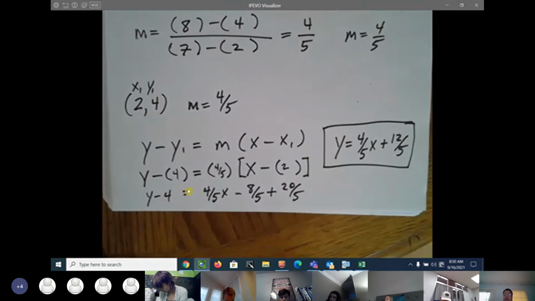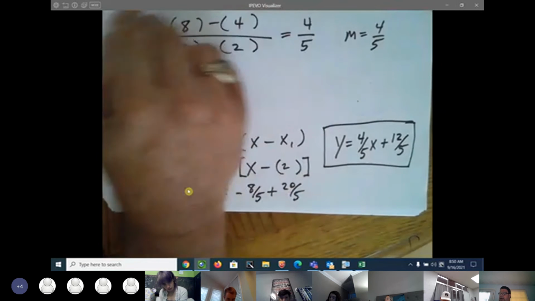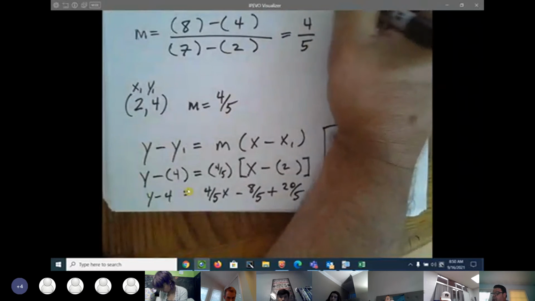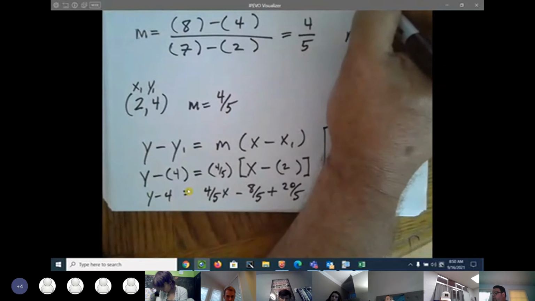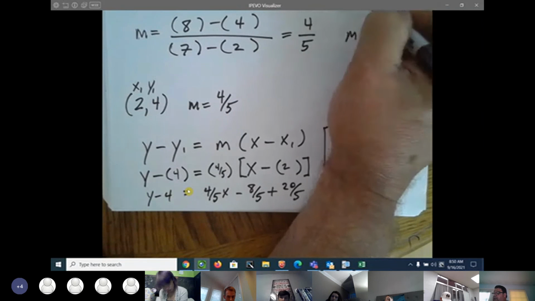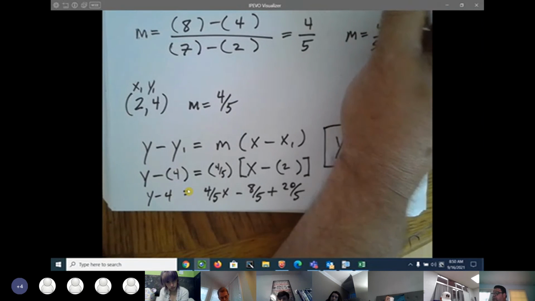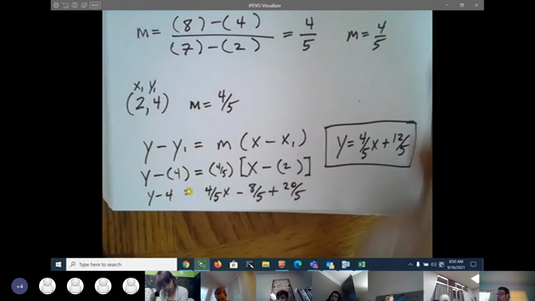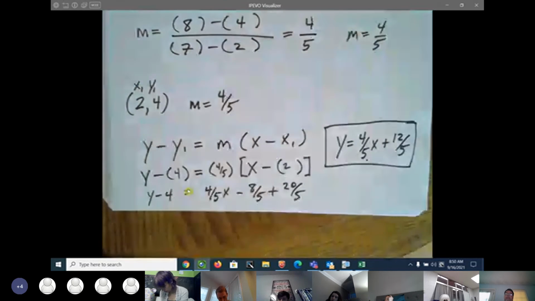And that is the equation for this line that goes through (2, 4) and (7, 8). That line right there, that's the equation for that line.